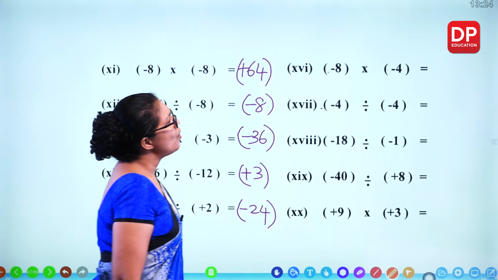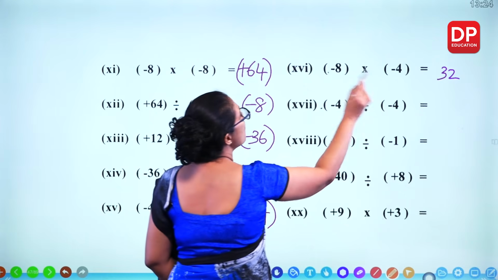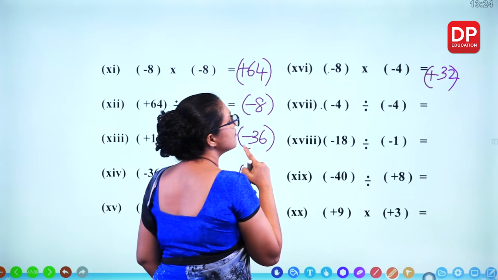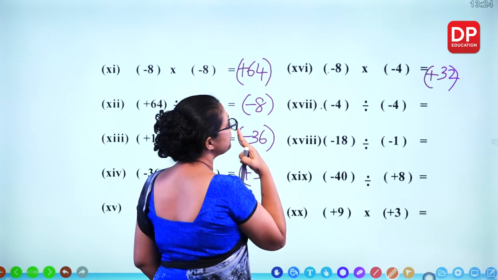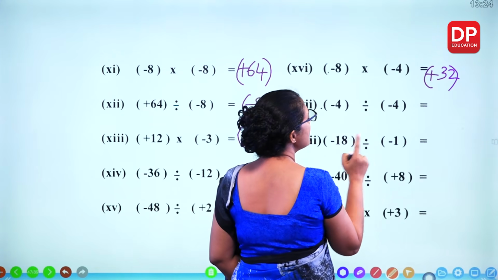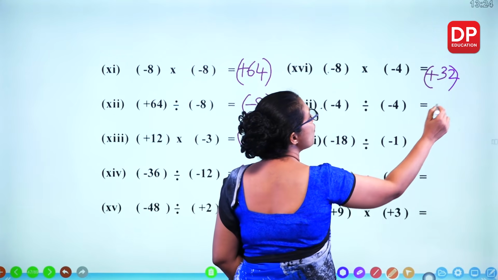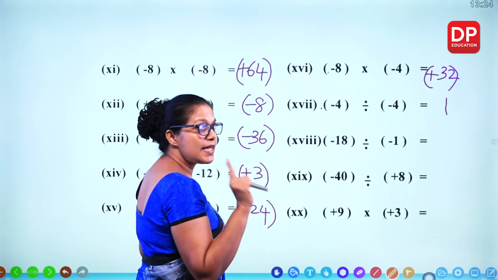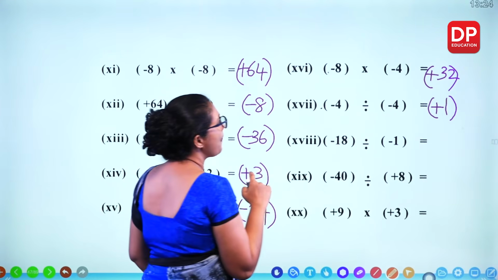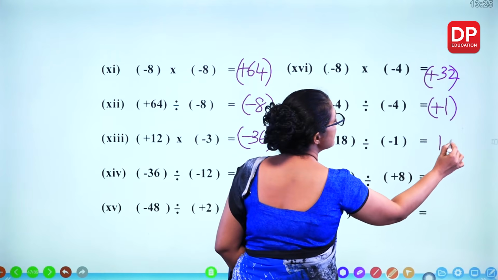8 times 4, 32. Both negative, answer is positive. Here, division, negative division, you get 4 divided by 4, 1. Both negative means the sign is plus. 18 divided by 1, you get 18.